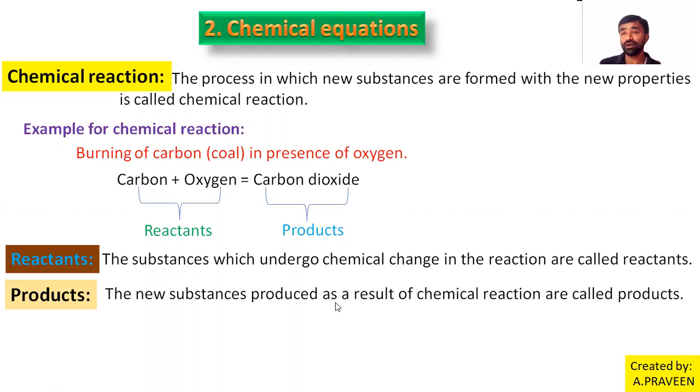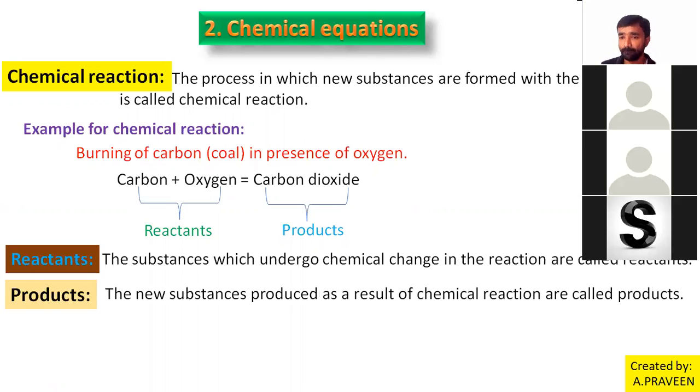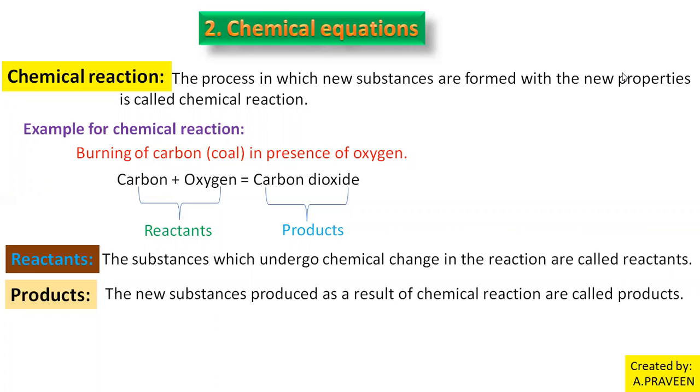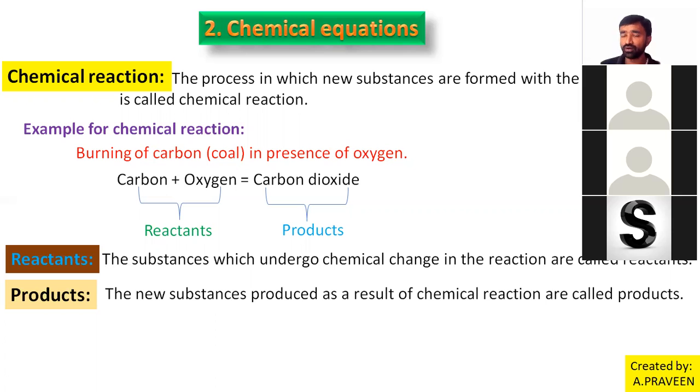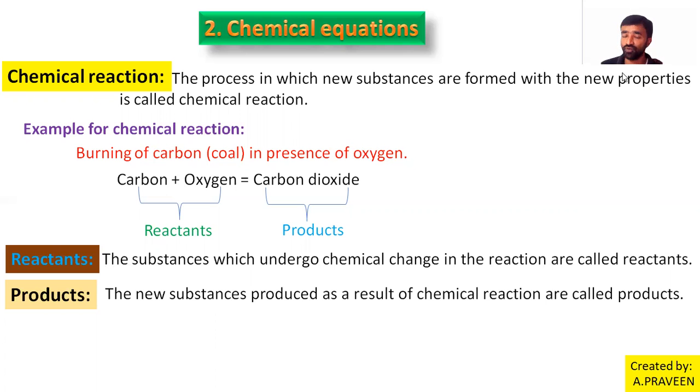As a result, you are getting a new substance. That new substance is called a product. Are you clear? How did I define reactants and products? How do you identify them? Before the change, what we have are called reactants. After the change, what we have are called products, right?